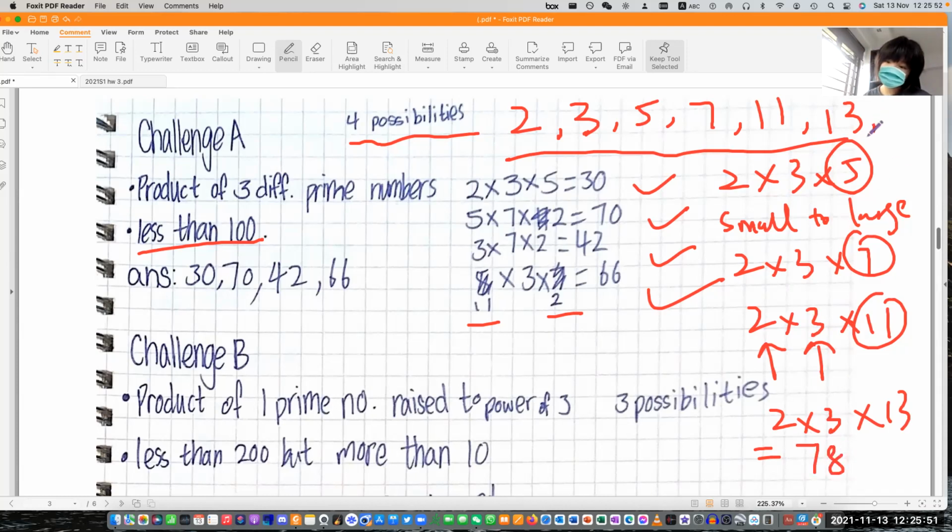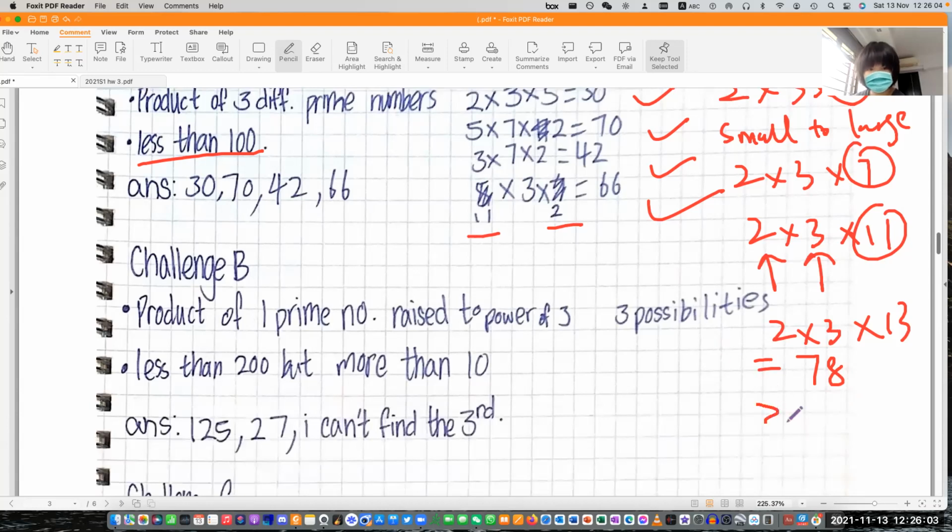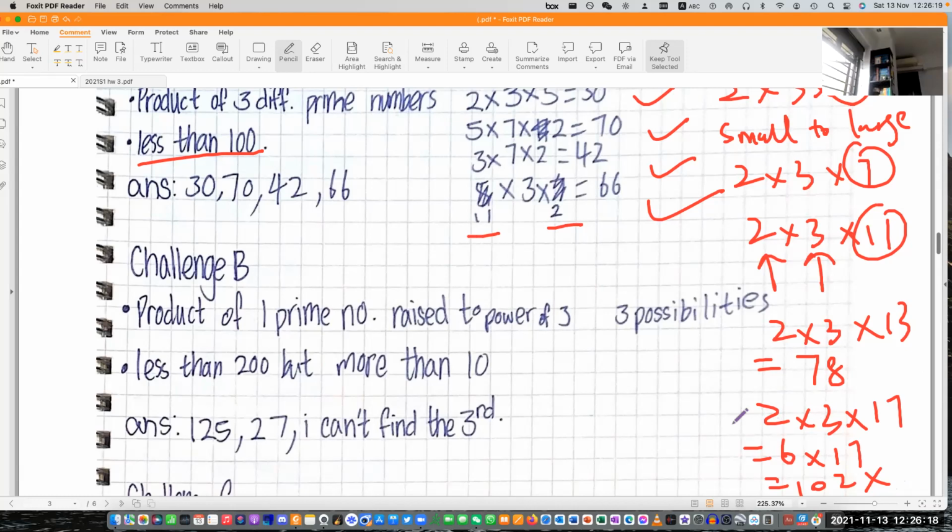In fact, probably you want to write down more prime numbers. The next prime number will be 14, no, 15, 16, no, so 17 is the one. So you can test 17 as well: 2 times 3 times 17. Is it less than 100? 6 times 17? Oh, it's over. It's more than 100, so you cannot accept this one.